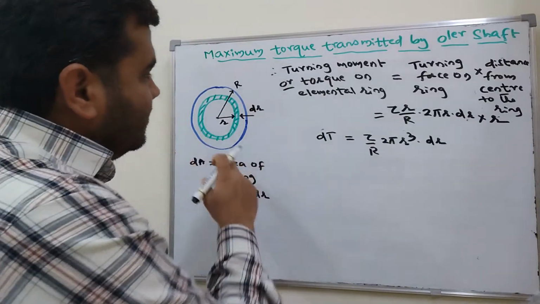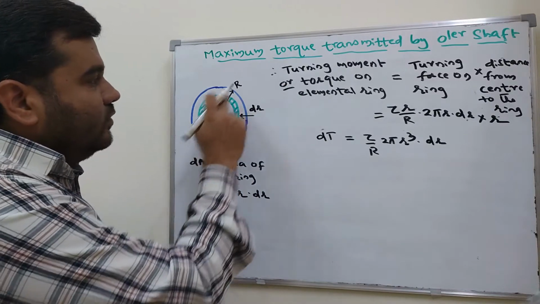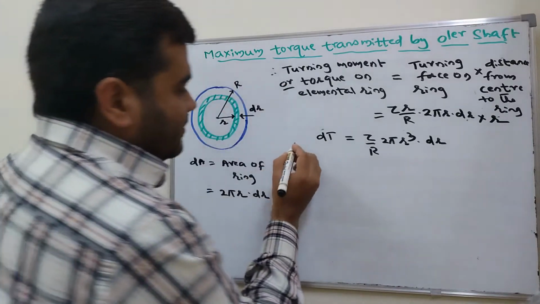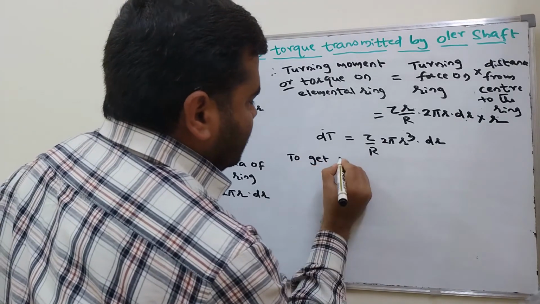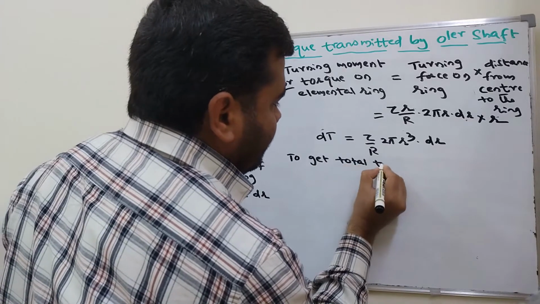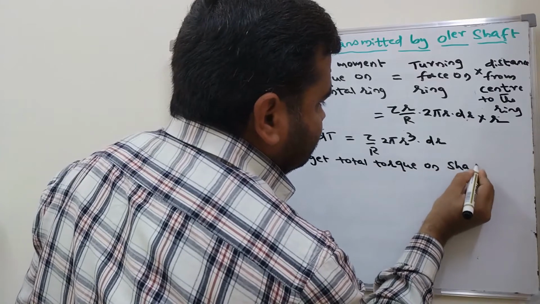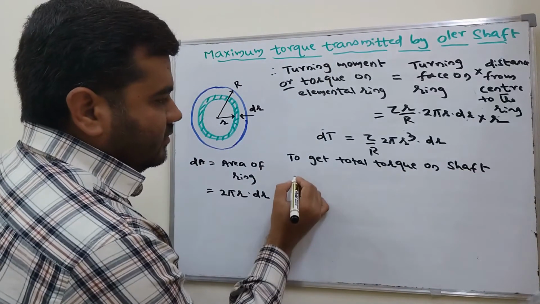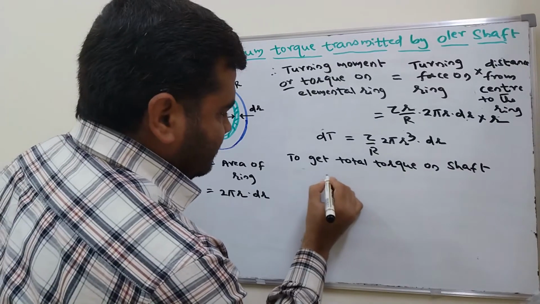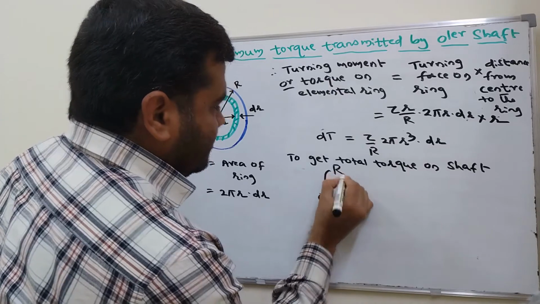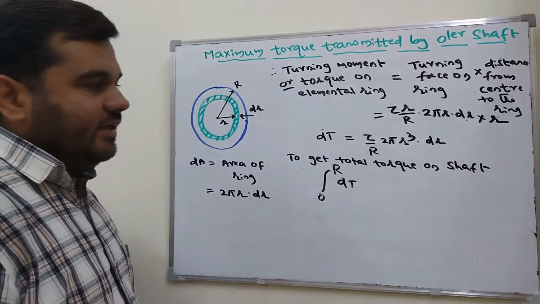Now if I want the total torque on the shaft, I need to integrate from 0 to capital R. To get the total torque on the shaft, I need to integrate from 0 to R, 0 at the center and R at the outer surface, dT here.